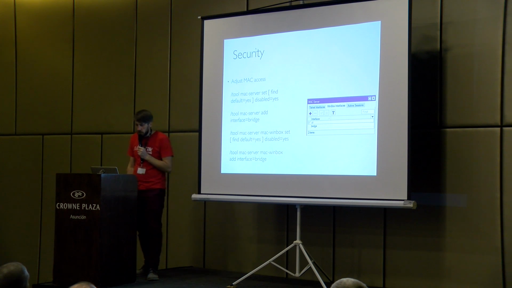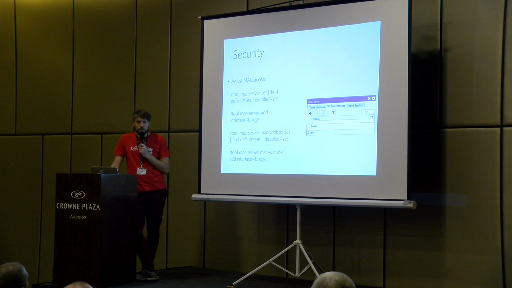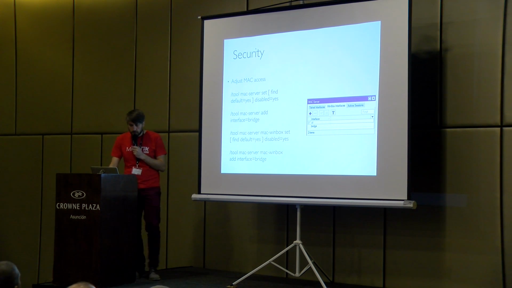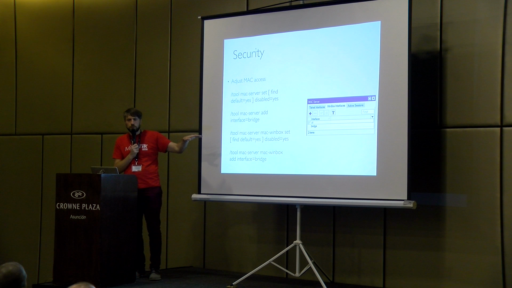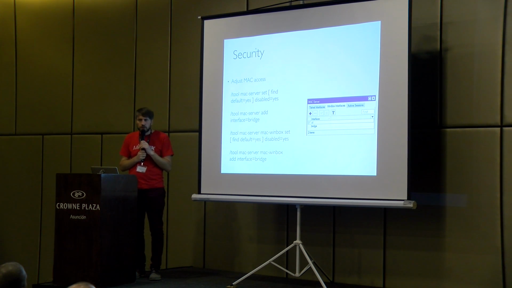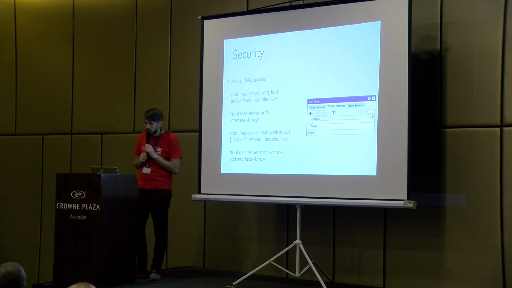The next thing on security is to disable MAC server. Your device is available by MAC Winbox and MAC Telnet on all interfaces by default, and you can consider what interfaces are trustful, and you can either put some interface to that list or disable all of them and use only IP address for accessing your device.